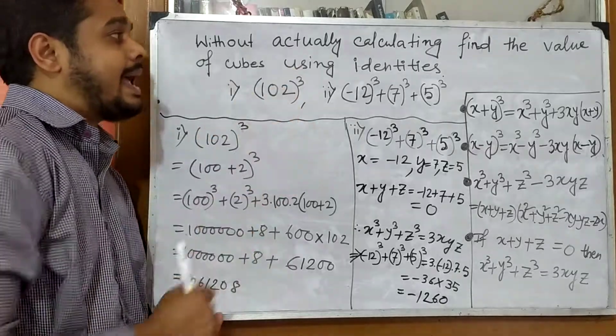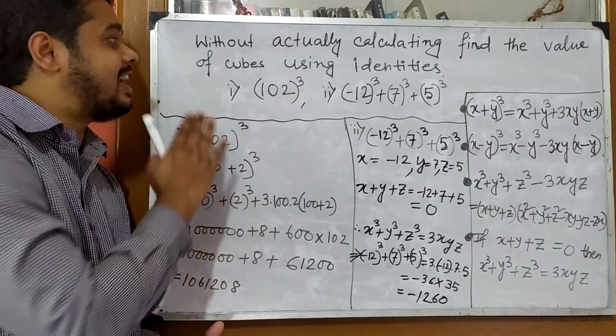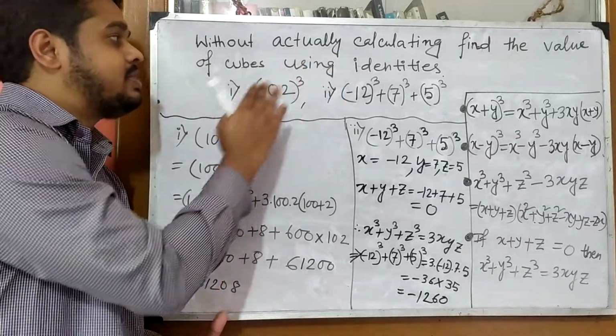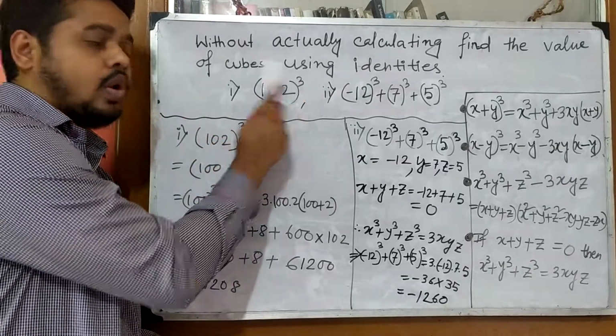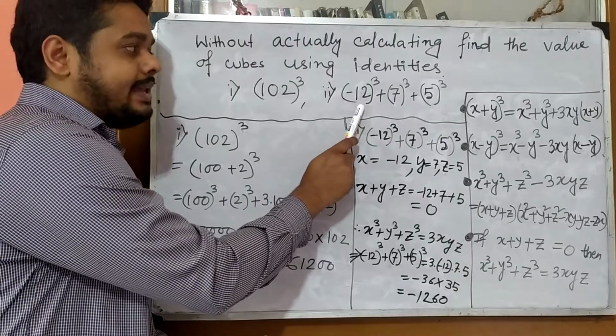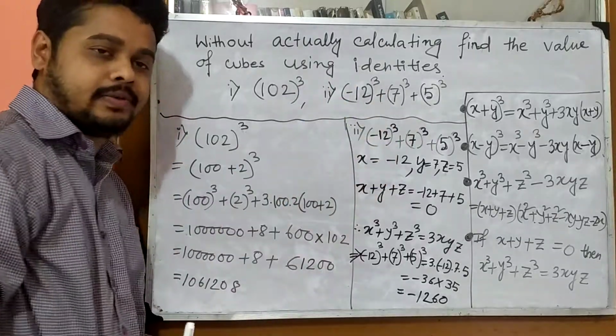Without actually calculating, find the value of the cubes using identities. First one is 102 whole cube. Second one is minus 12 cube plus 7 cube plus 5 cube.